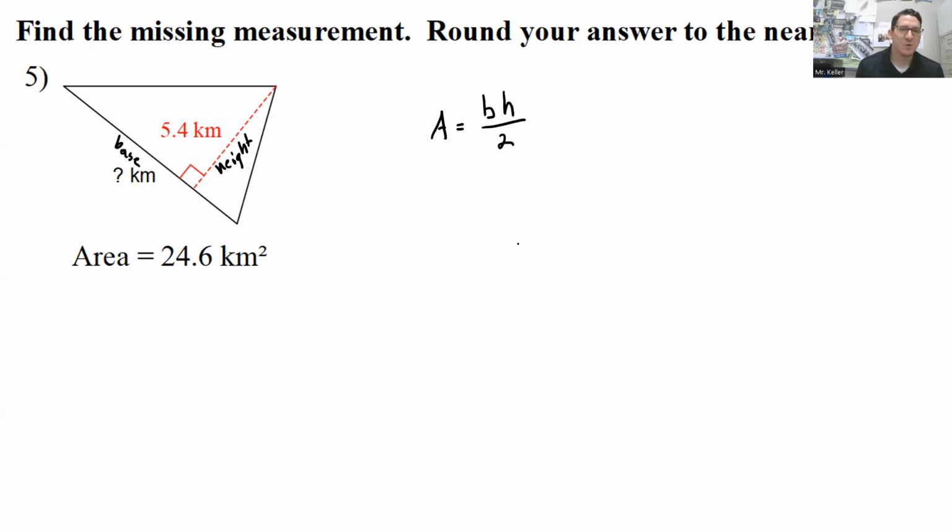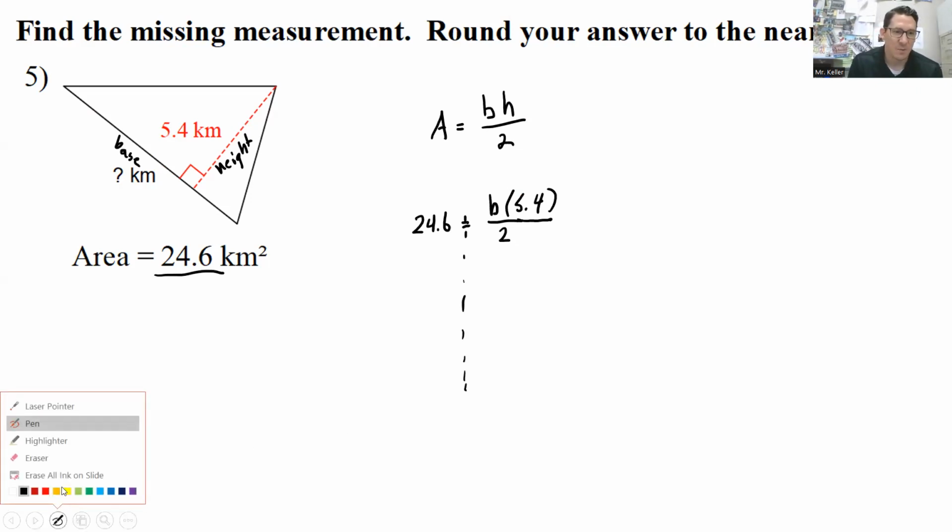And I'm going to substitute in what I know. So I know the area is 24.6. So that's going to go in for A, 24.6. The 2 stays there. We don't know what the base is, so I'm going to leave that as B. And the height is 5.4. So now I have an equation that I can solve for the base.